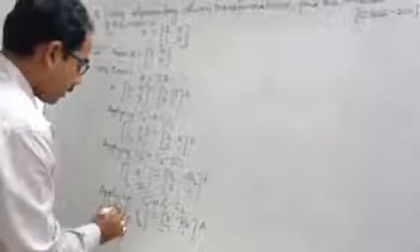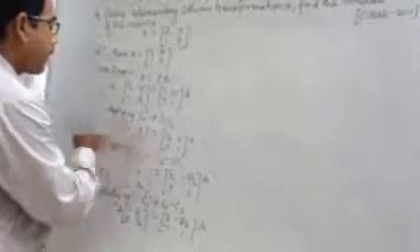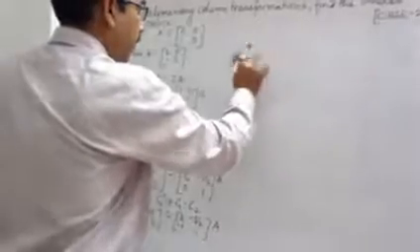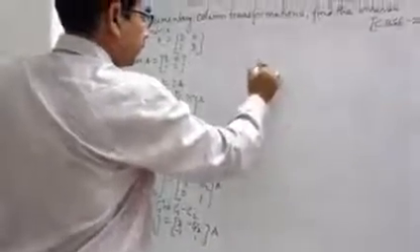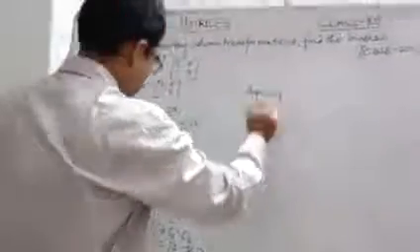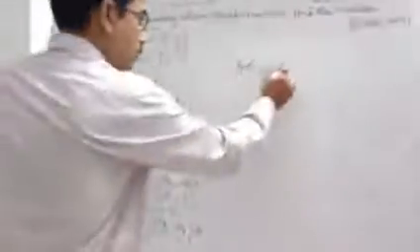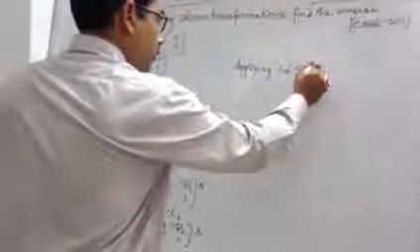Now look at here, 1 0 0 half, only you have to make it here 1. How will you make it? Simply I am doing over here, applying C2 prime tends to 2C2.